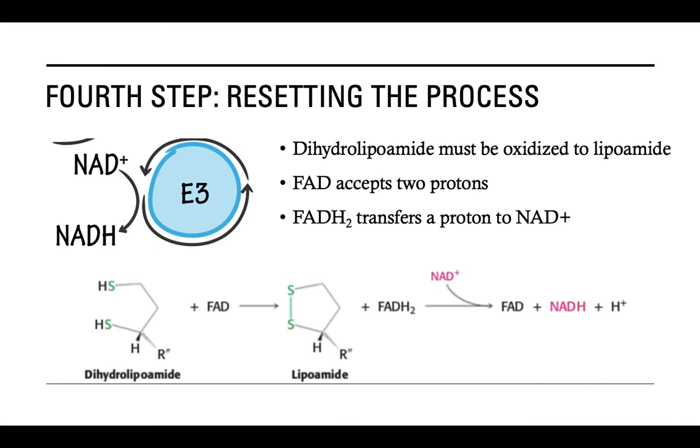This step also makes use of 2 cofactors, FAD and NAD+. Dihydrolipoamide transfers 2 protons to FAD, which then in turn transfers a proton to NAD+ to form NADH. Then, dihydrolipoamide is successfully oxidized back to lipoamide and gives the ability for another pyruvate molecule to bind and start the process over again.